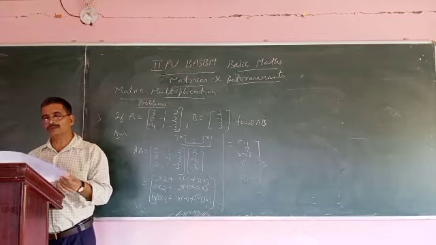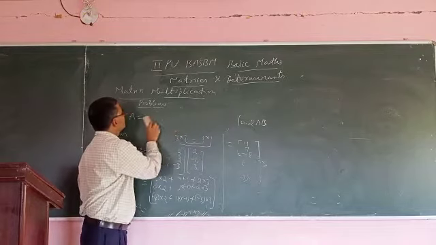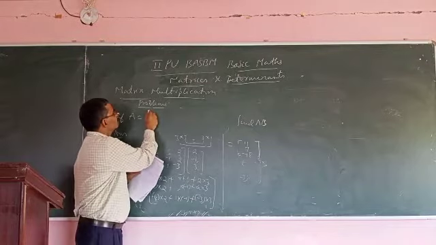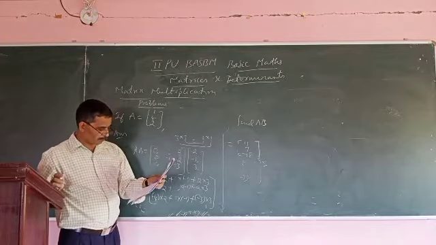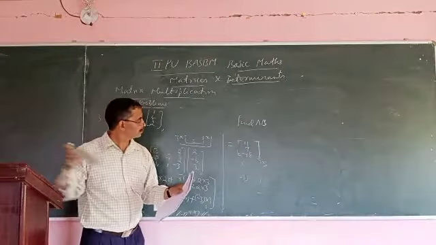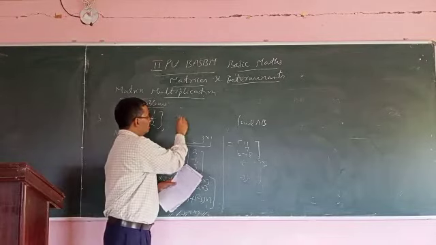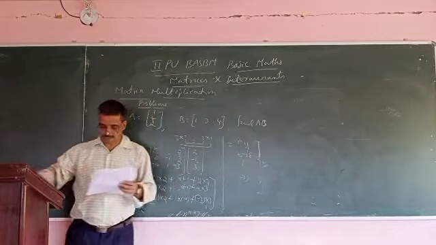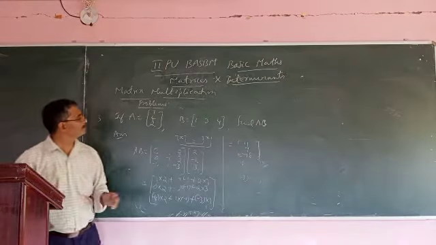Next one, one more and I will complete this session. If A equals [1, 4, 2] and B equals [1, 3, 4], find AB.